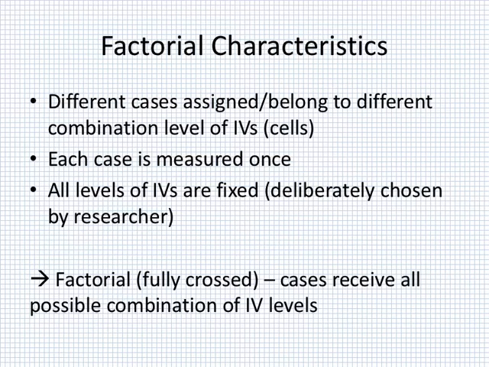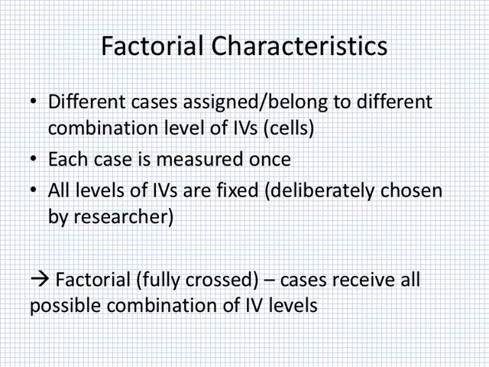So here are some characteristics of Factorial ANOVA. One is different cases are assigned to different combinations of levels of IVs. In other words, I wouldn't assign a person to both textbook A and textbook B. They're assigned to different IVs, similar to the thing we talked about in one-way ANOVA.